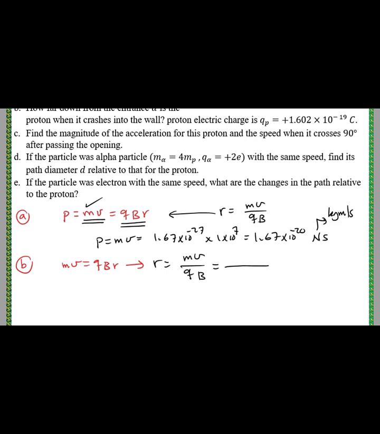We have m times v, the transverse momentum, 1.67 times 10 to the minus 20. q is 1.602 times 10 to the minus 19, and B is 3. So 1.67 times 10 to the minus 20 divided by 1.602 times 10 to the minus 19 times 3.